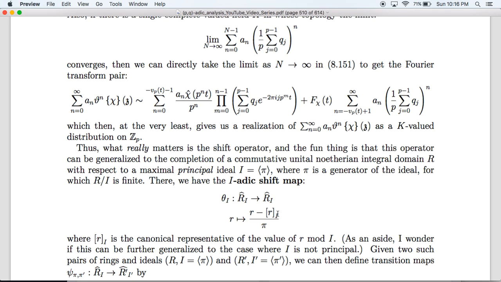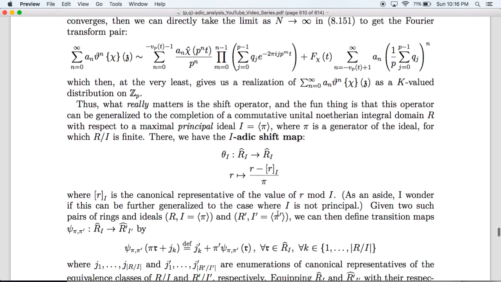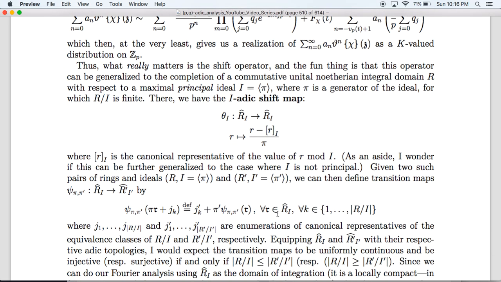As an aside, I wonder if this can be further generalized to the case where I is not principal. Given two such pairs of rings and ideals, R with I equals pi, and R prime with I prime equals pi prime, we can then define transition maps, just like we did with our pq-adic transition maps, where the j's are some enumeration of the canonical representatives of the equivalence classes of R mod I and R prime mod I prime.